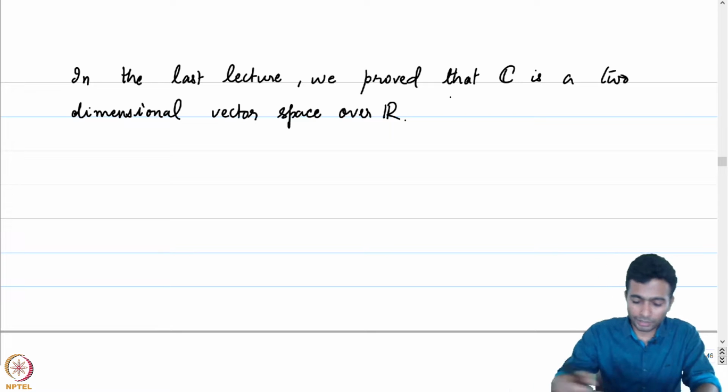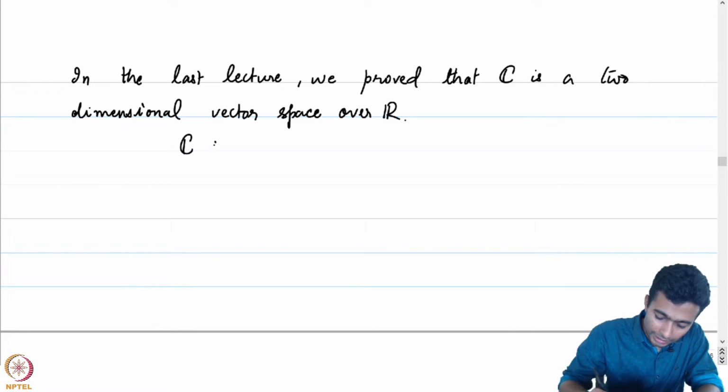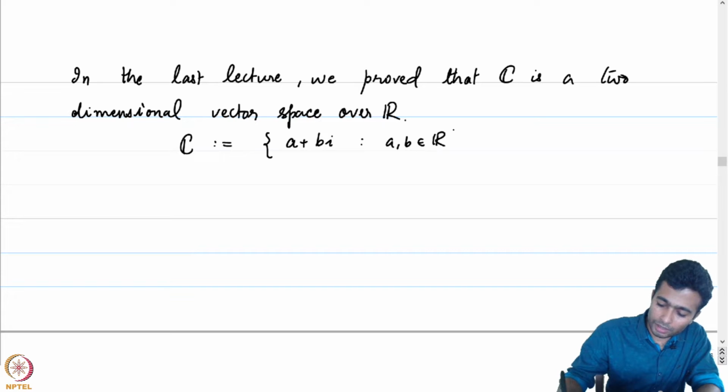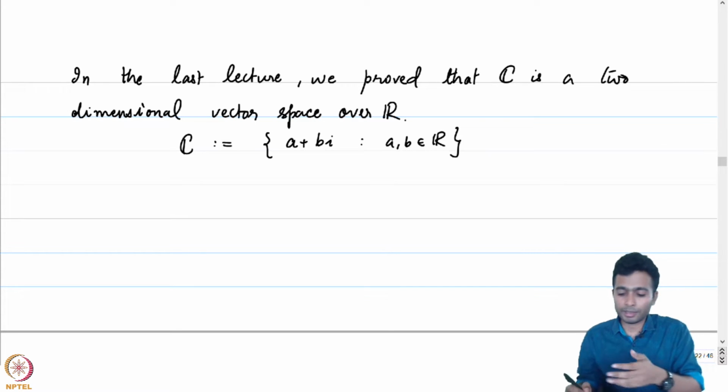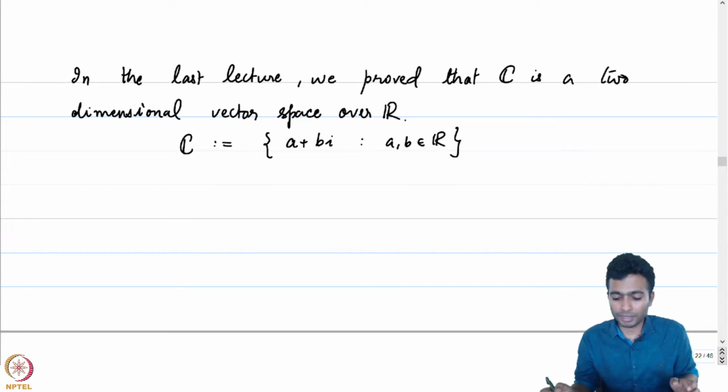So let's do one thing. Let's see the set of all a plus bi, where a and b are real numbers, and 1 and i will form a basis.